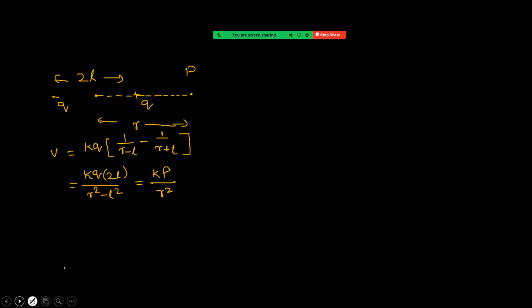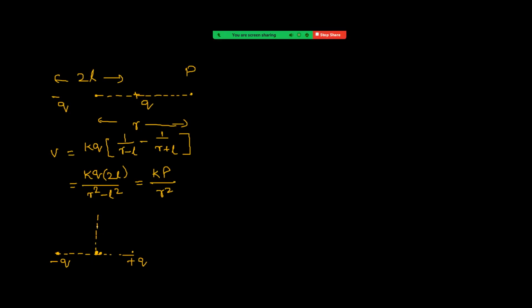Okay. Right. Now let us focus on bisecting line. See that carefully. That is minus q and plus q. Now we are taking just one line which is passing through the midpoint. That is what we call perpendicular bisector.